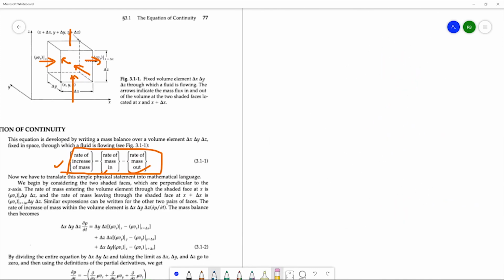So what is the accumulation? Accumulation is nothing but dm by dt, right? Okay, so what is mass? Mass is nothing but volume into density, right?